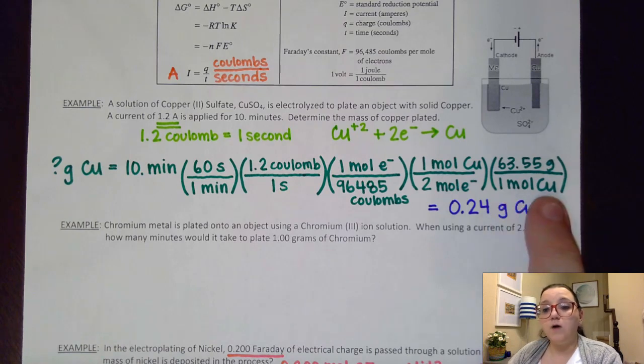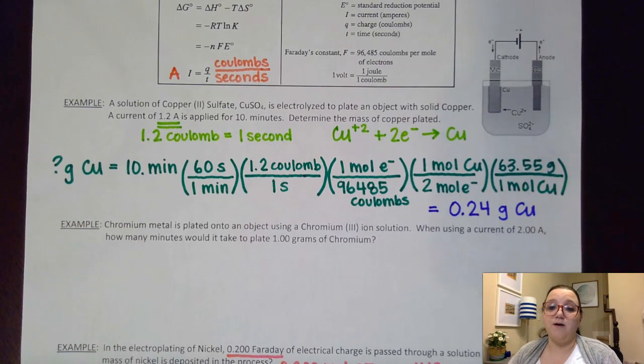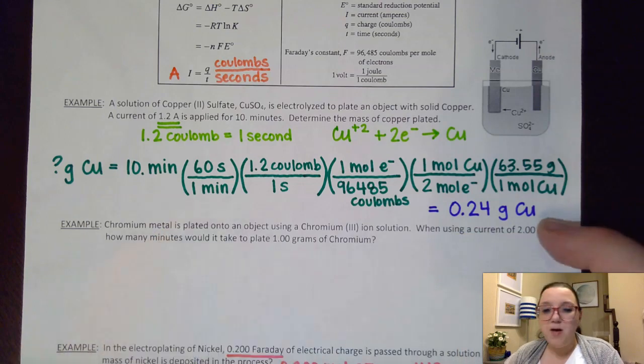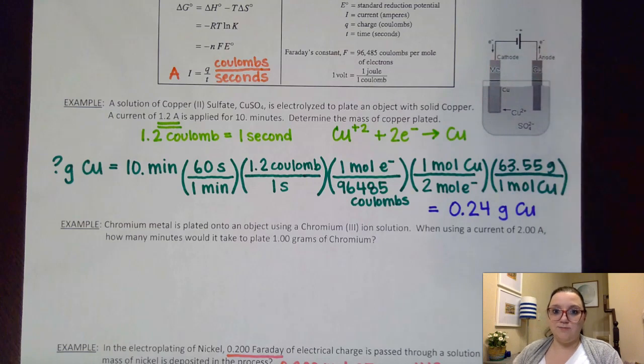So 1 mole of copper is 63.55 grams. So I take all of that, plug it in my calculator, and we end up getting here 0.24 grams of copper. So in that 10 minutes, I'm going to plate about 1/4 of a gram of copper onto this other object. All right. Woo! That was a lot, right?